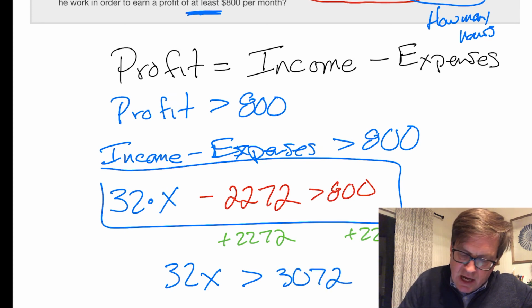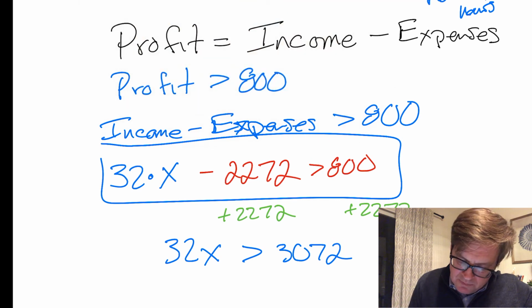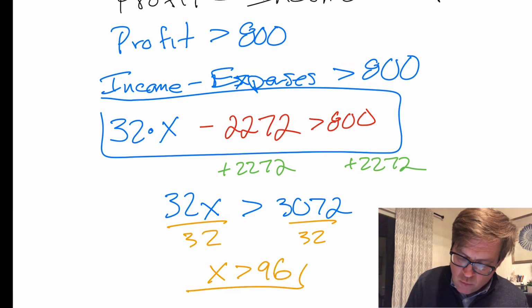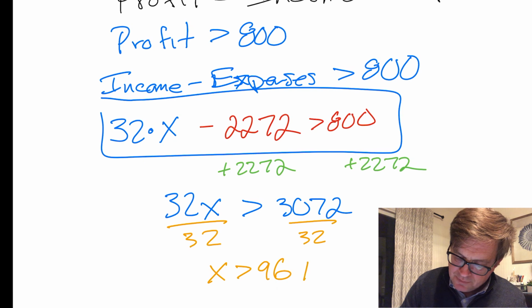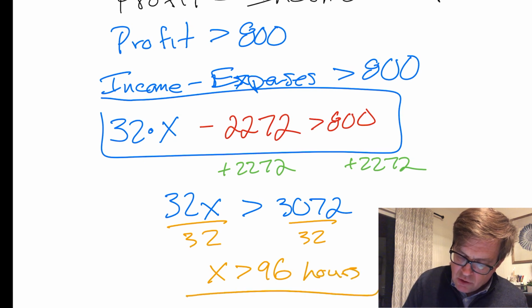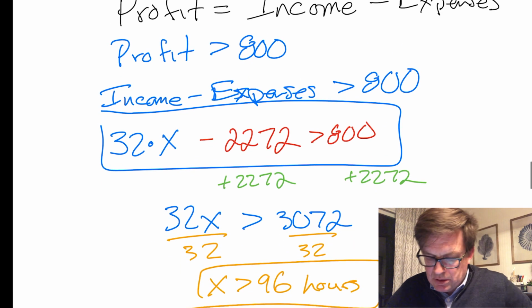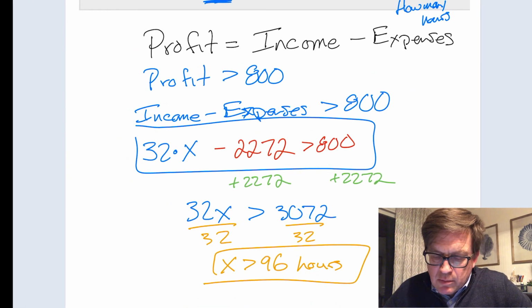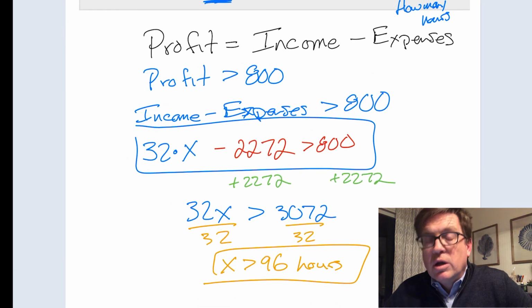And then I have to divide both sides by 32. And you get x is greater than or equal to 96. 96 what? 96 hours. So Caleb has to work for 96 hours each month to end up with a profit of at least $800 per month.